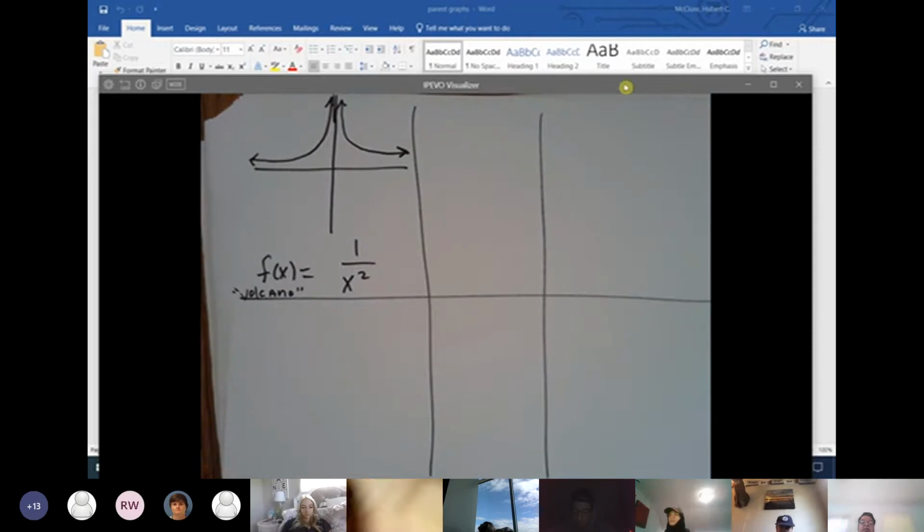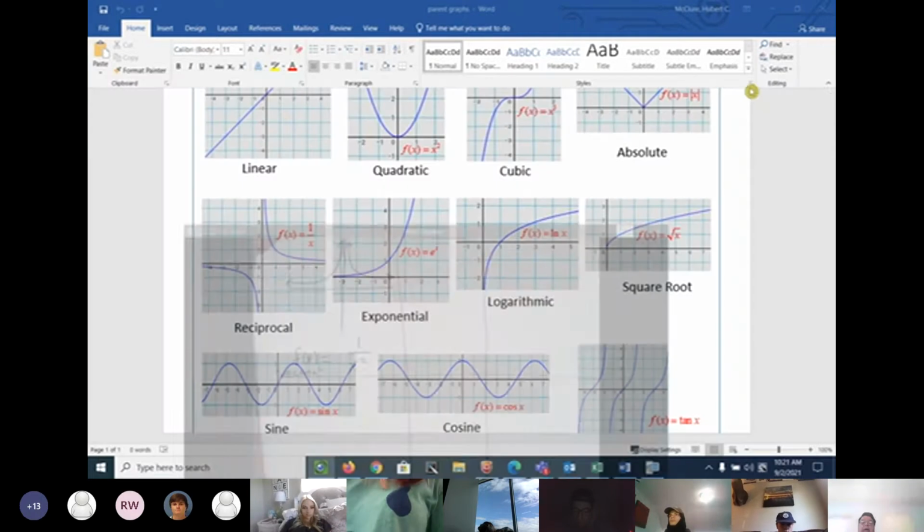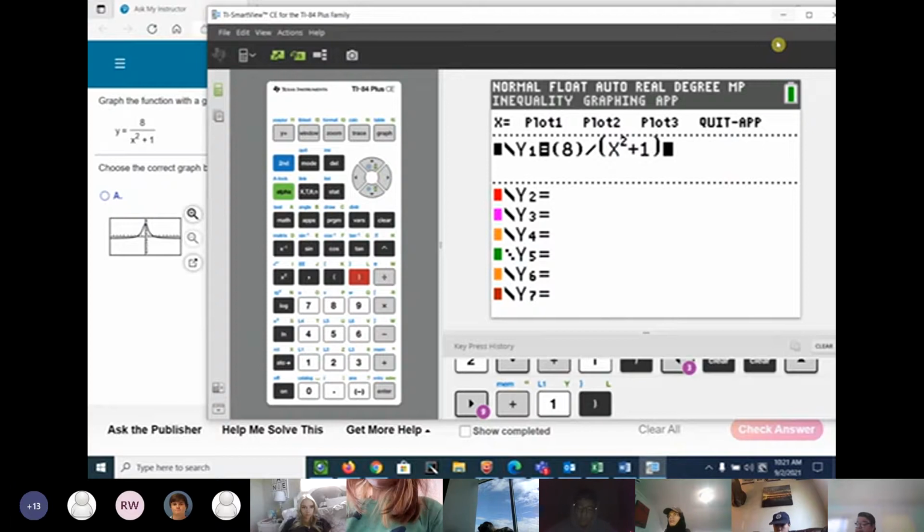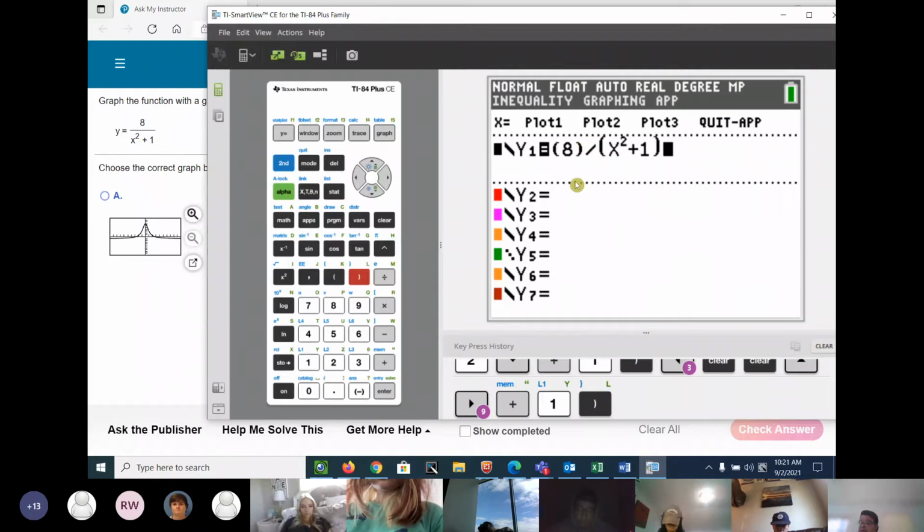So now that you got that in, let's go ahead and look at it. 8, so we can rewrite this as f of x is equal to 8 times 1 over x squared. Is it plus 1? Yeah.